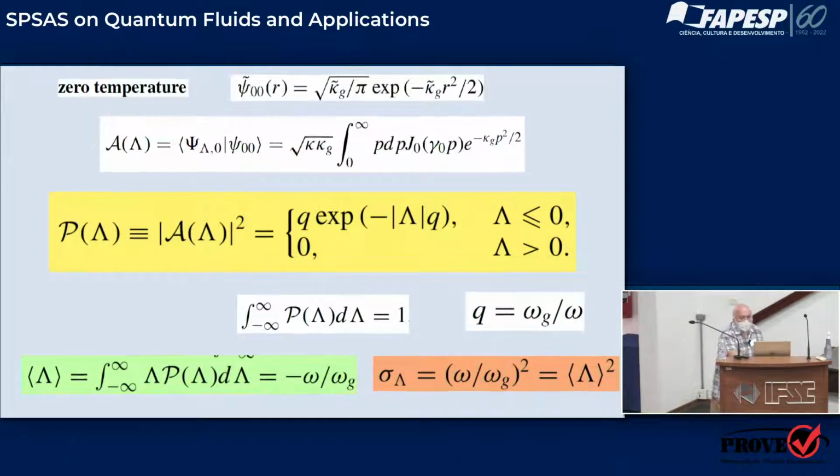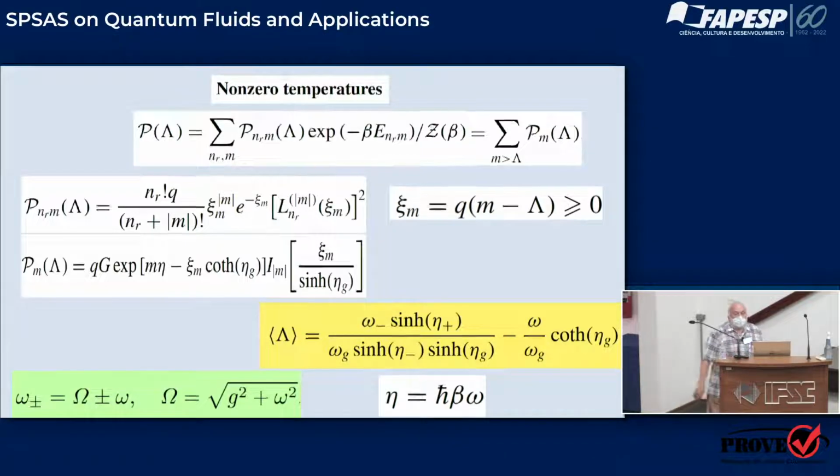And then, what can we do? What to do at non-zero temperature? At non-zero temperature, of course, we have to take these projections to every state, okay, and multiply by this Boltzmann factor and calculate the sum. Under this restriction, you see the argument is the ratio m minus lambda.